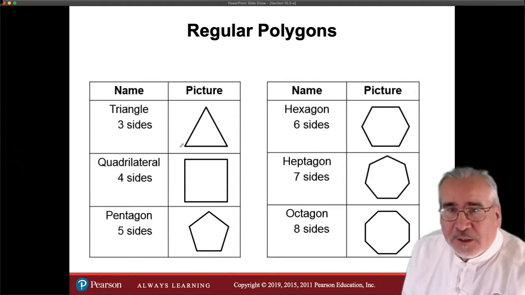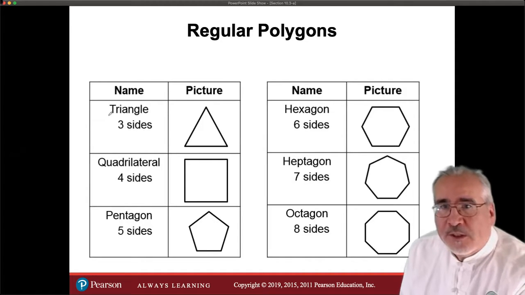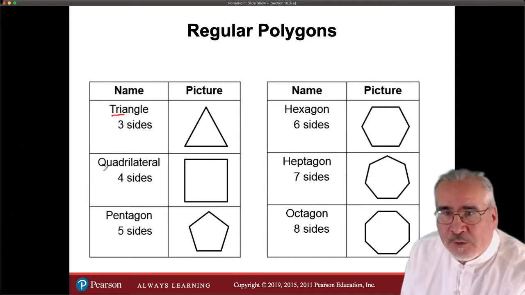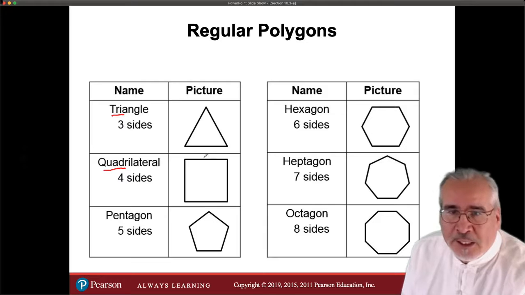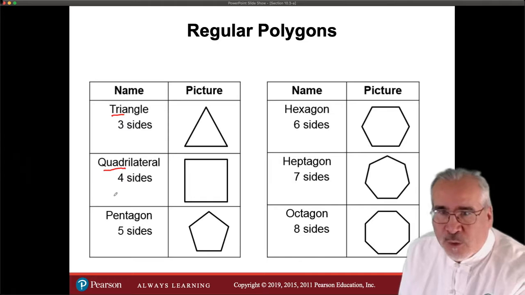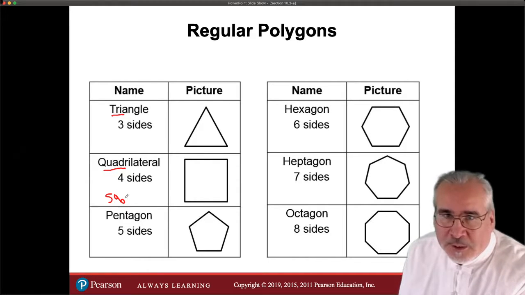So looking at our regular polygons, we've got triangles which have 3 sides. So you see the Latin for 3, tri. Quadrilateral, which means 4. Quad is 4 in Latin, 4 sides. And if it's regular, we also call it a square. A regular quadrilateral is a square.